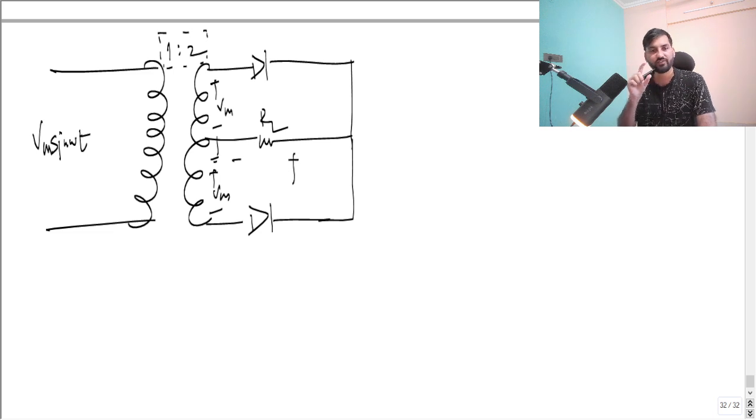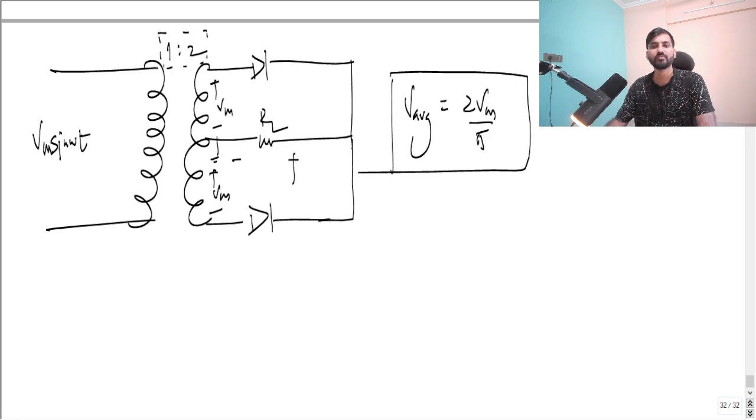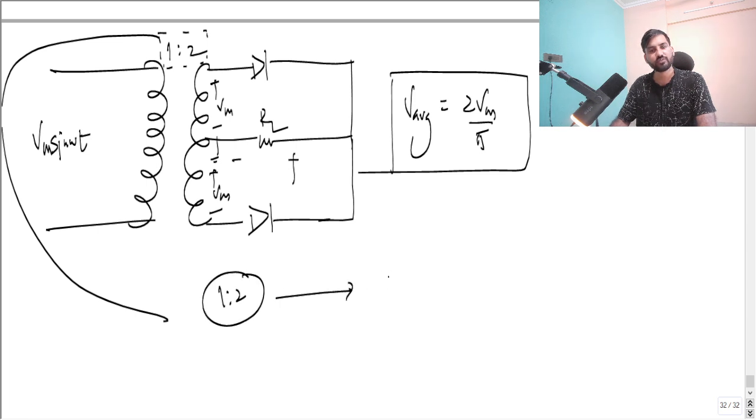That's why we are writing Vm and Vm. If someone asks for V average, that is going to be 2 Vm by pi, the DC or average voltage across this load. If someone asks what is the value of n in this case, if 1:2 is given, you can say that n is going to be 0.5.